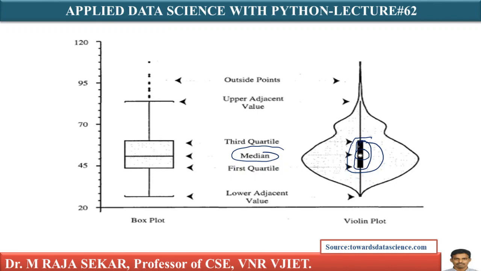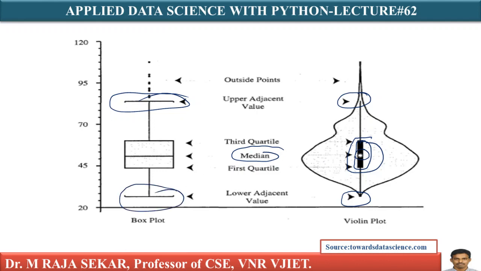It indicates the interquartile range. The lower and upper adjacent values, which one is lower and upper adjacent value? This is lower adjacent value, this is upper adjacent value. Correspondingly, you can identify points in your box plot which we discussed in previous lectures itself.